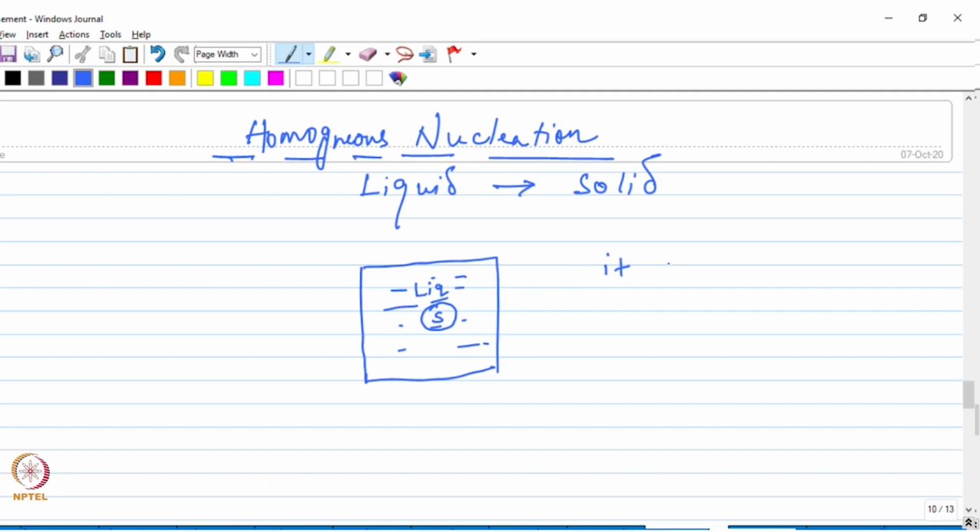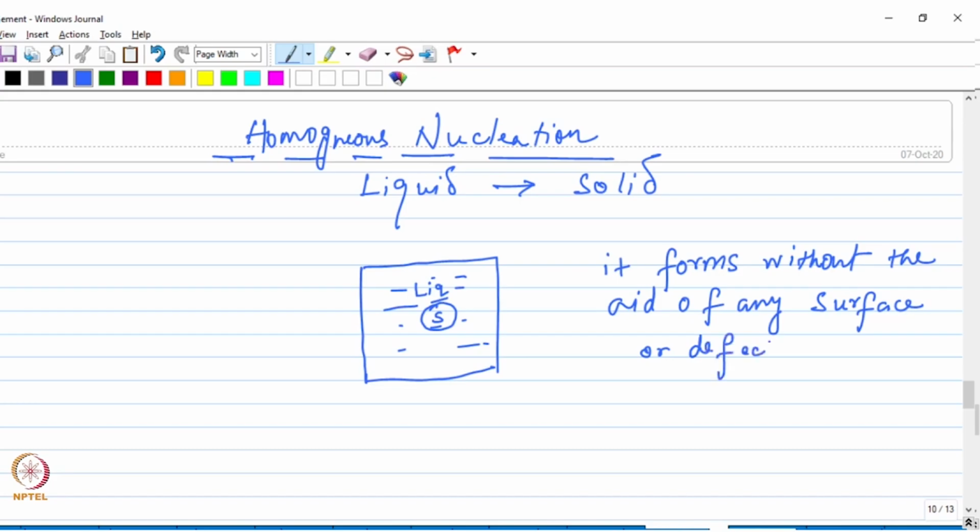It forms unaided by any surface or defects. As the solid particle forms, an interface between the solid and the liquid is created, and therefore surface energy or interfacial energy is involved here.